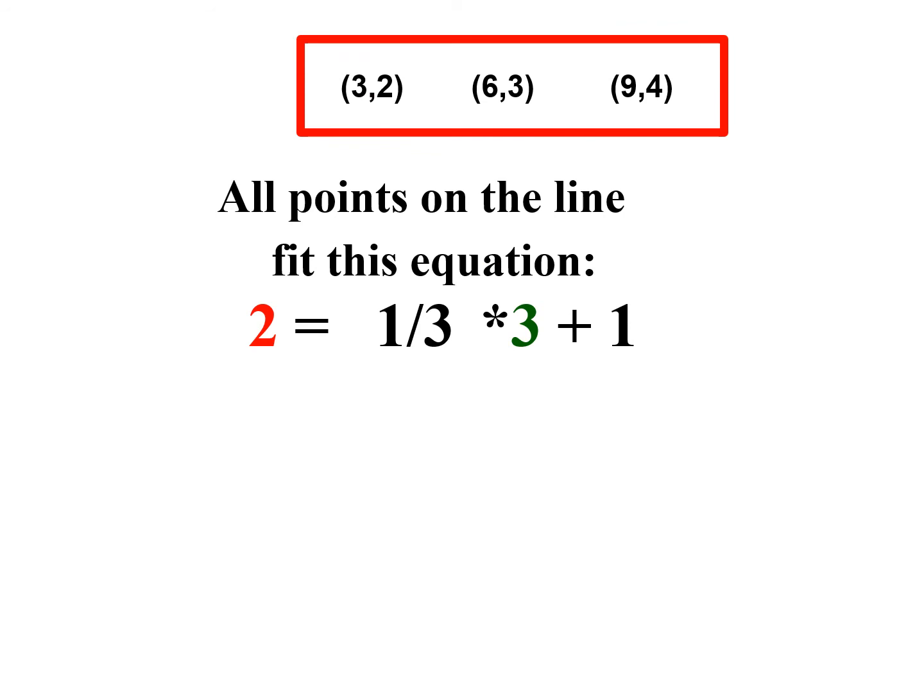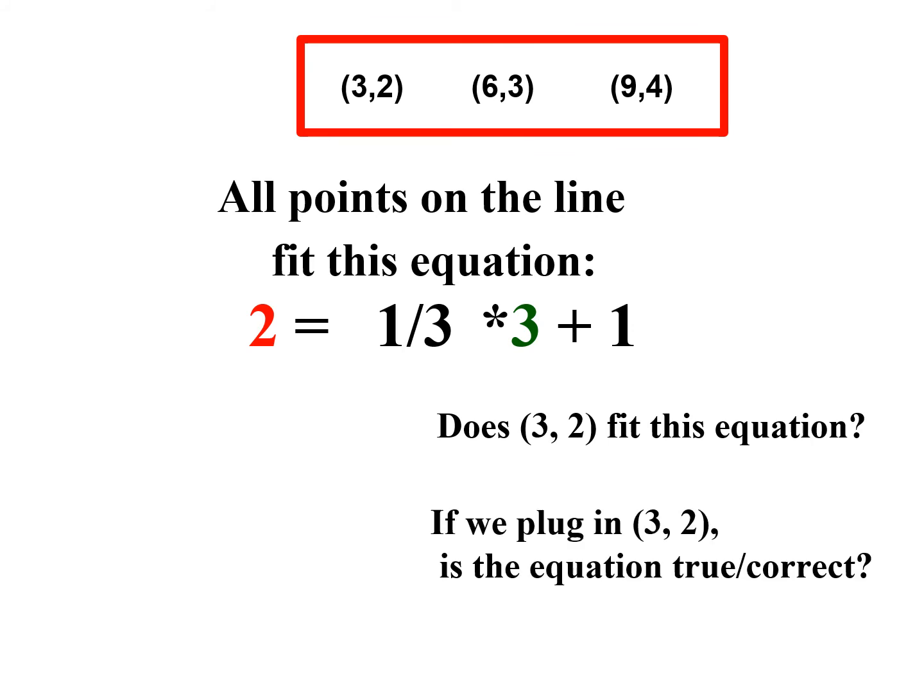So now we're left with this equation. And the question we have is, does (3, 2) fit in this equation? In other words, if we plug (3, 2) into the equation, is the equation true or correct? Remember, (3, 2) is on the line, so it should fit the equation. And if we plug it into the equation it should be correct.